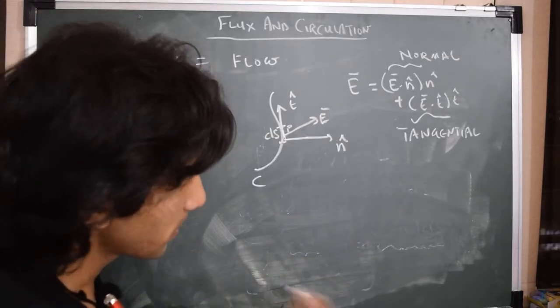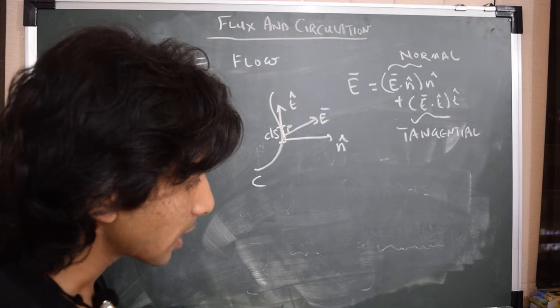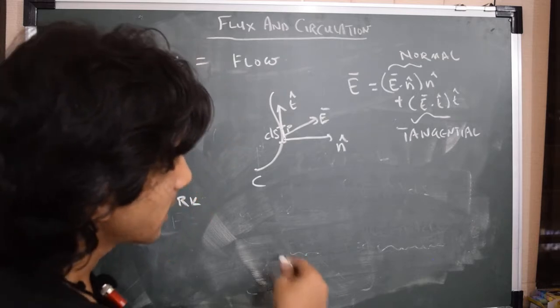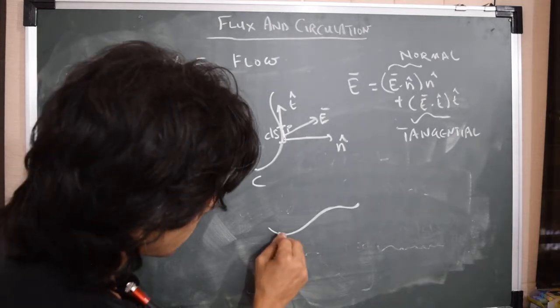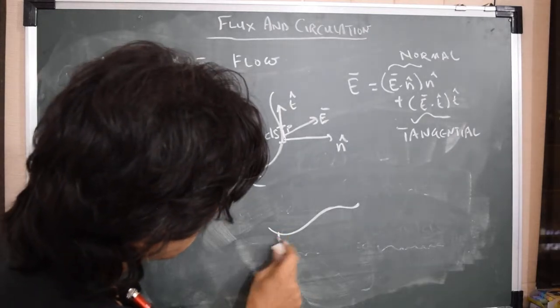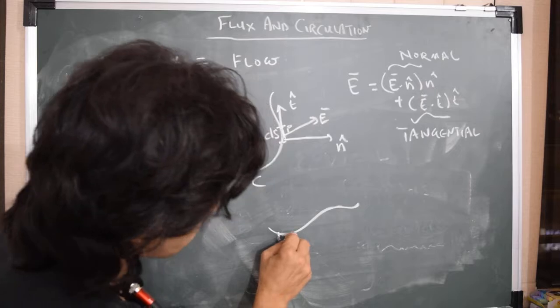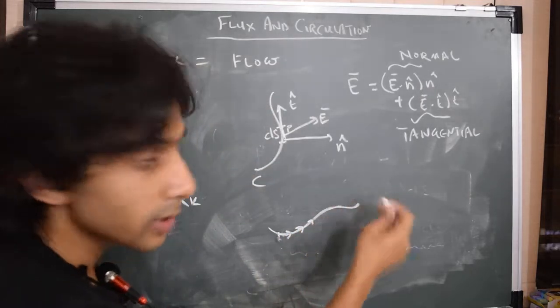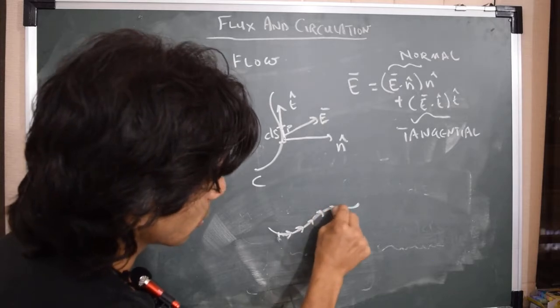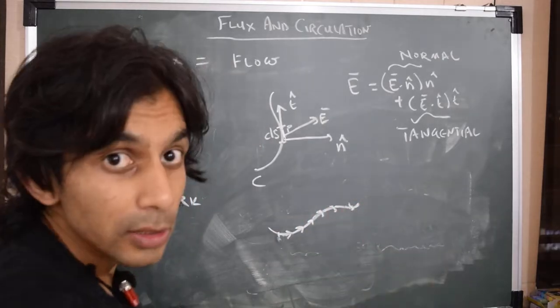If you recall from basic ideas in physics, we have some curve in space. Then the work done by a force field is the component of the force field along the curve times the distance that you move along this curve, and then you sum this up to get the total work done as we move along this curve.